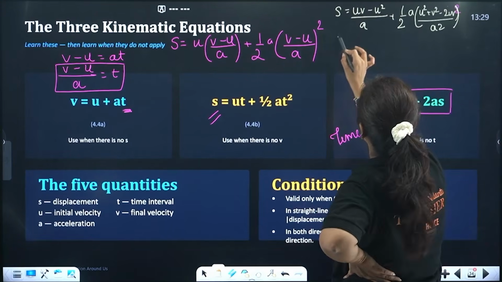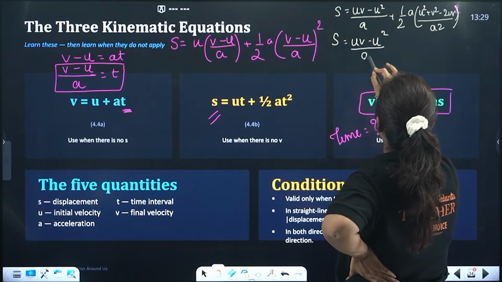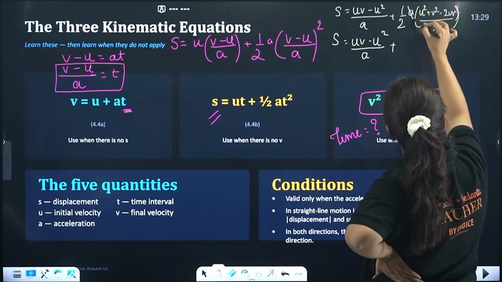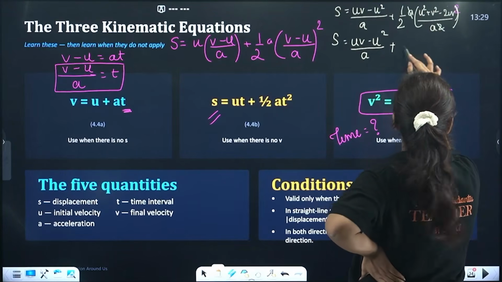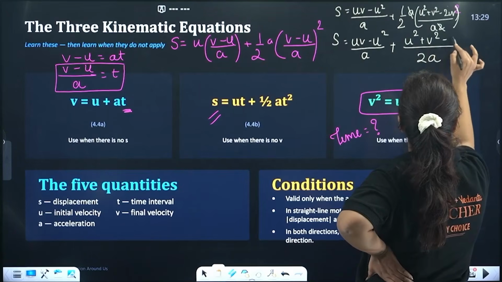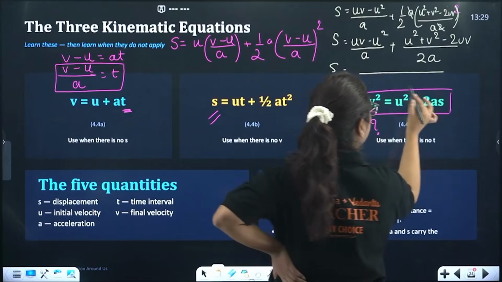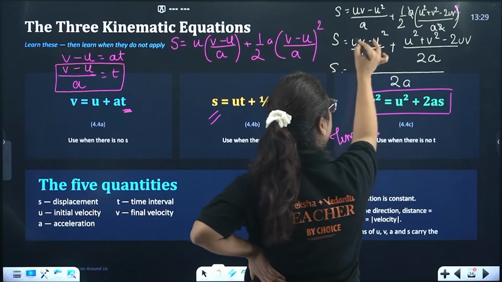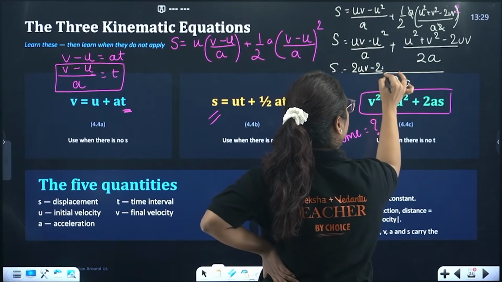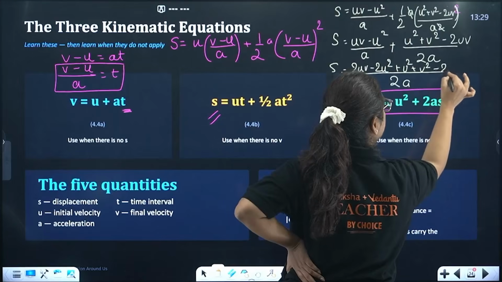Fine, it's going good. S equals UV minus U square upon A plus, this A and acceleration cancel. What is remaining is (U square plus V square minus 2UV) upon 2A. Now take the LCM, right? What will happen, beta? This will be 2A, this 2 will multiply here. So here it becomes 2UV minus 2U square plus U square plus V square minus 2UV.